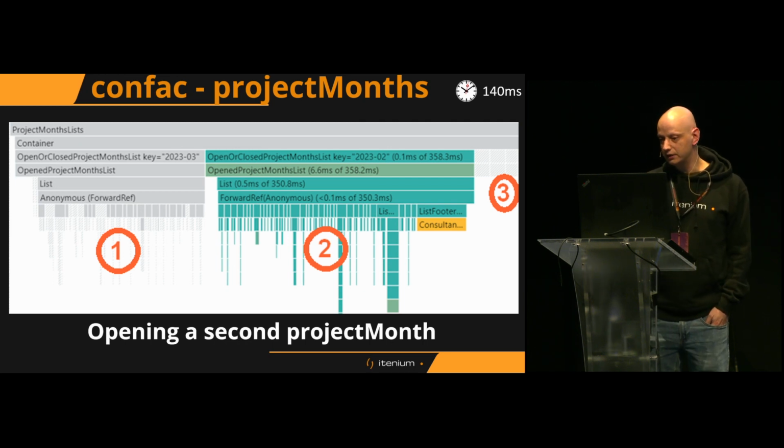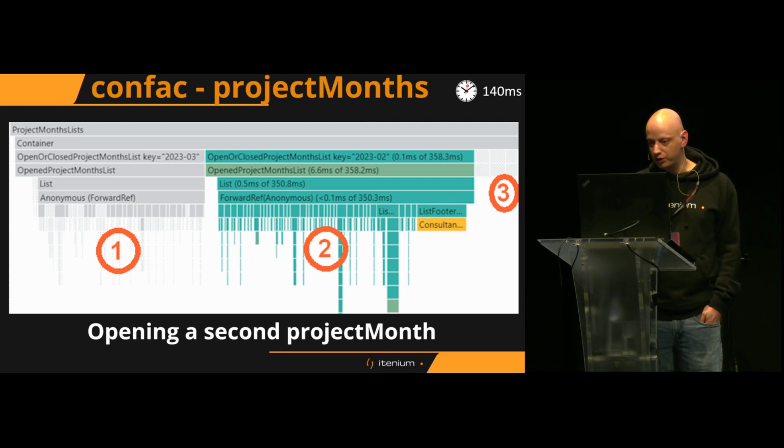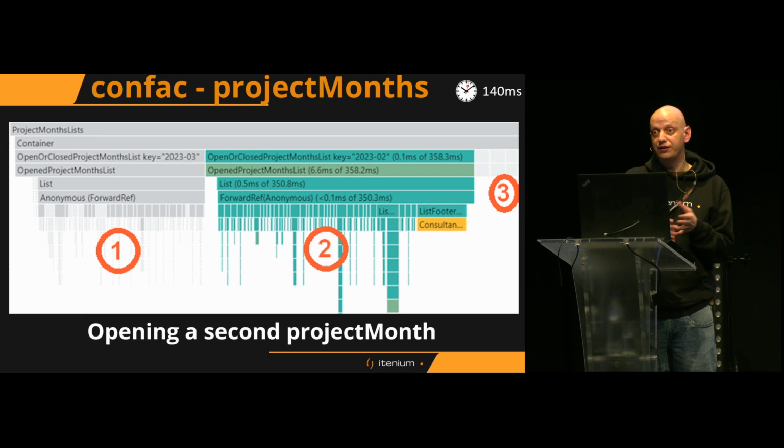And then also interesting is the third part, because we use memo, it's completely cached. It has really cached the results of the component. And it's also much smaller because we had a dedicated calculation instead of resolving everything. And after this optimization, if you opened the second or the third or the 18th project month, it all took the same time, so it was about 140 milliseconds.